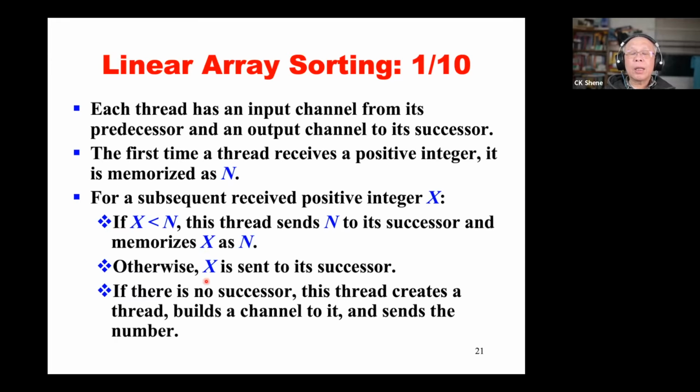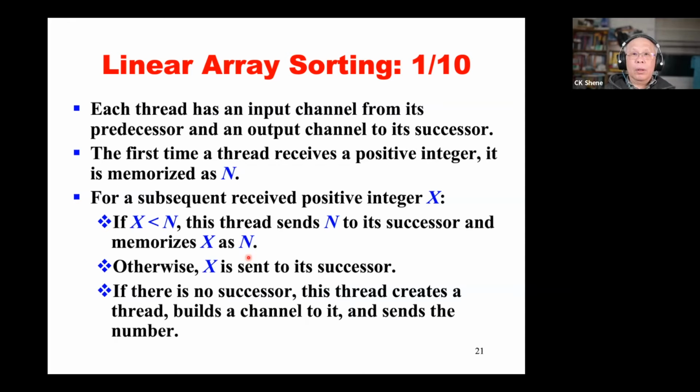This is the next bullet. If the new number is larger than or equal to the number I remember, I simply send it to my successor. So let me sum it up. A thread continually receives numbers from its predecessor.